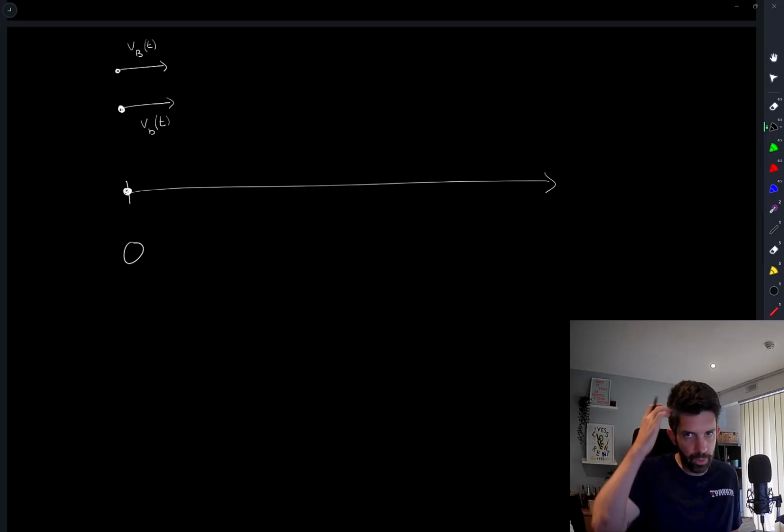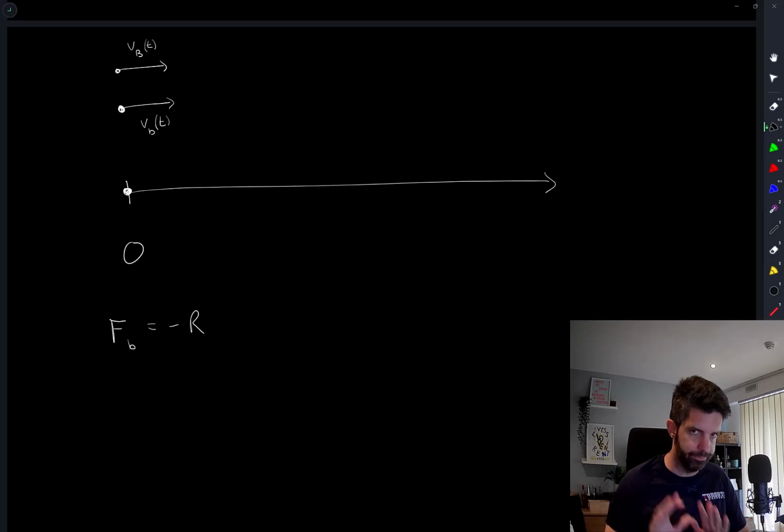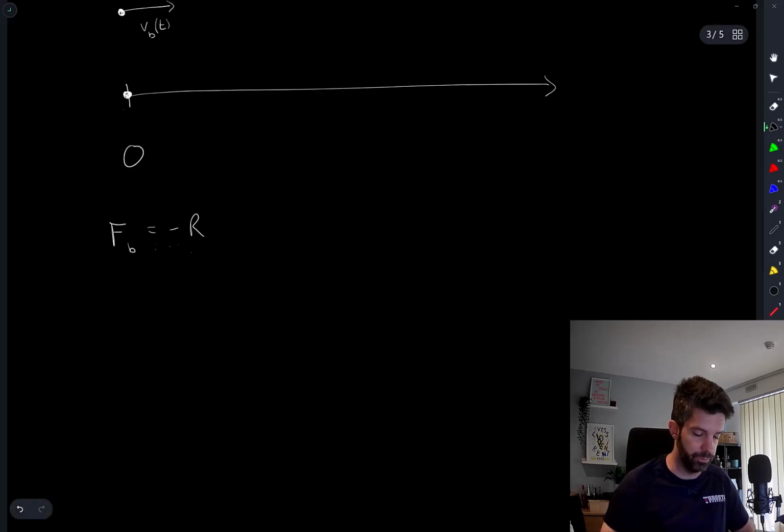Now I'm still going to assume that the force on the bullet is equal to negative R, even though it is the block itself which is applying the force to the bullet, and these two things are changing speeds with each other. The question says that the resistance to the bullet's motion is capital R, which is constant, so I'm going to assume this.